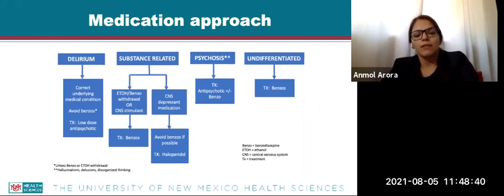One thing to be mindful of in the elderly is that they have different metabolisms and different ways of reacting to medication. So it's important to make sure we don't make their cognitive status worse by giving them a benzodiazepine unless it's really necessary. In those individuals, low dose psychiatric medication is warranted.